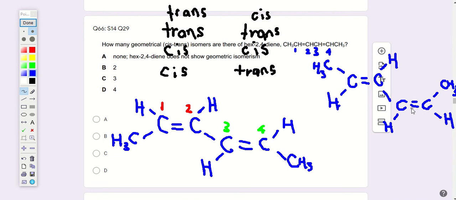But can you see that if I flip this molecule, it will look the same as this molecule? So the cis-trans and trans-cis molecules are the same. We cannot consider them as two different isomers. So the answer is only three pairs.